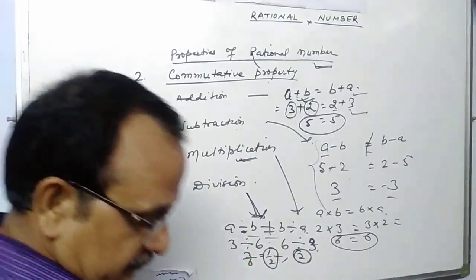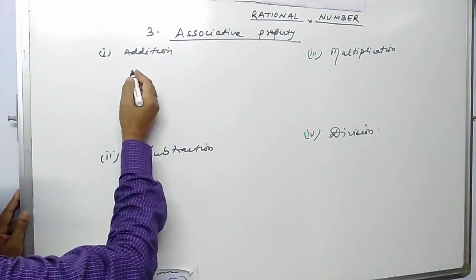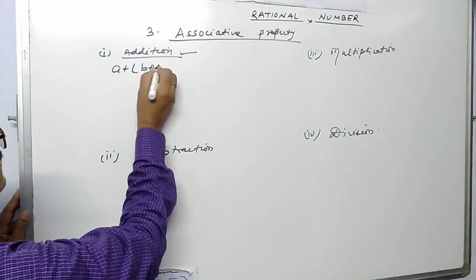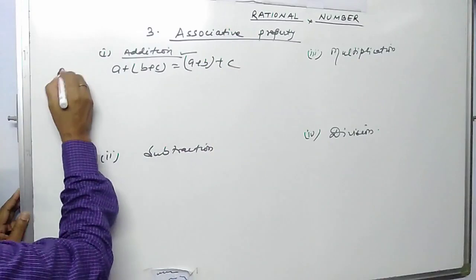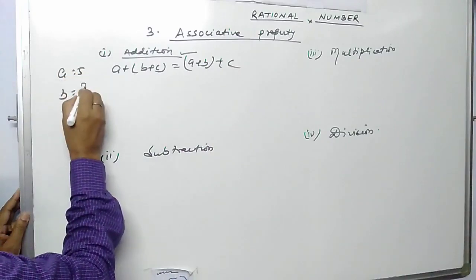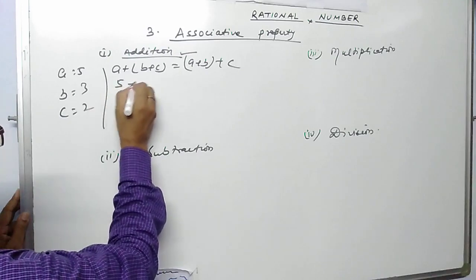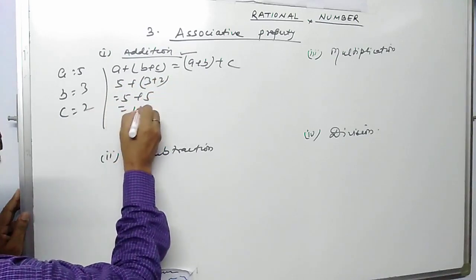Clear? Okay. Next property is the associative property. Check it for rational numbers in case of addition, that is a plus (b plus c) is equal to (a plus b) plus c. Suppose a is equal to 5, b is equal to 3 and c is equal to 2. Let us check it. Left hand side, 5 plus (3 plus 2) is equal to 5 plus 5, that is equal to 10.